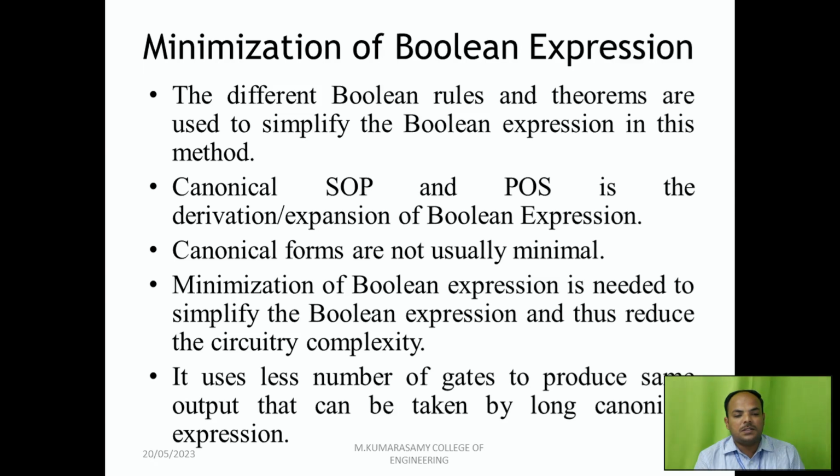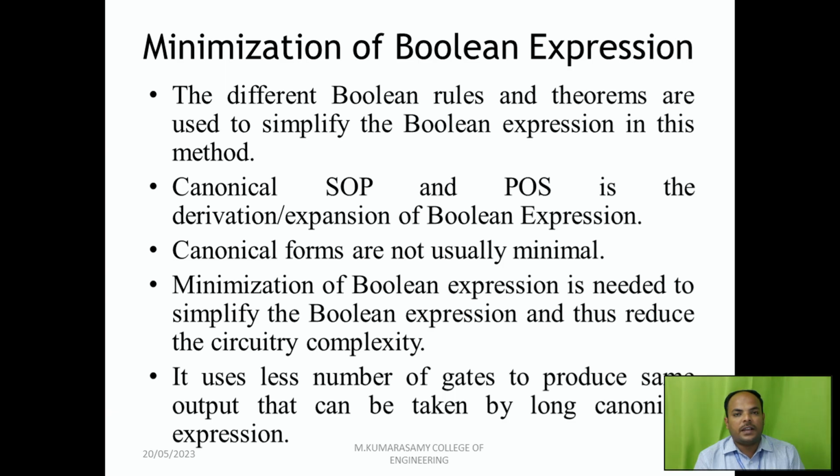Minimization of Boolean expression is needed to simplify the Boolean expressions and thus reduce the circuitry complexity. So we use this minimization technique, and now we can reduce the complexity in the designed circuits. It uses fewer gates to produce the same output that can be produced by a long canonical expression.